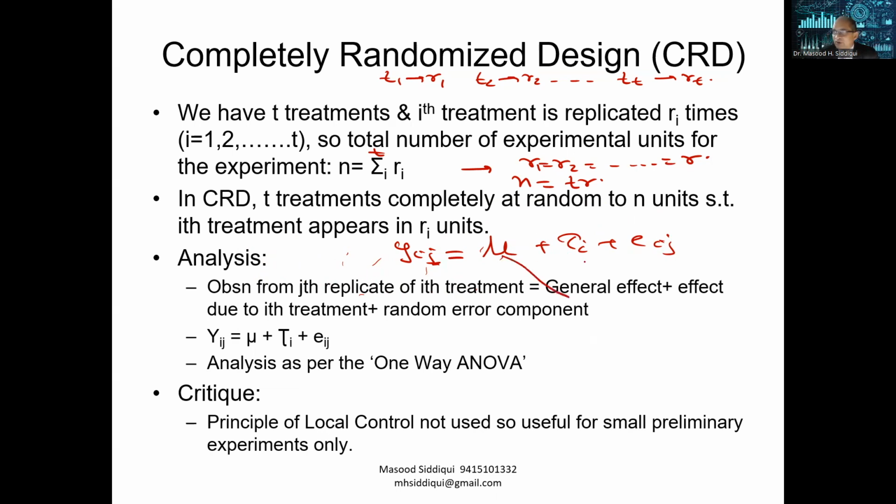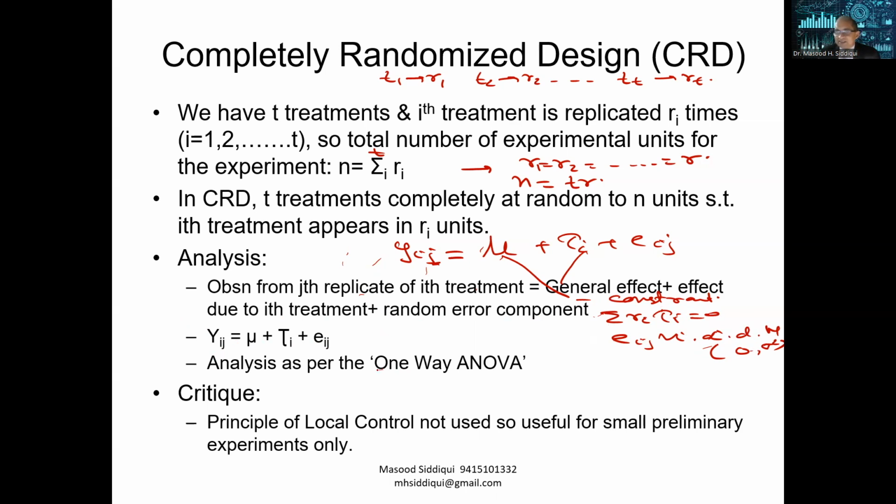Here mu and tau_i are constants, and the sum of r_i tau_i is 0, and all the error terms are identically independently distributed normal with variance sigma squared. So this is the condition for the error term. Right? So Yij equals mu plus tau_i plus e_ij with this condition.